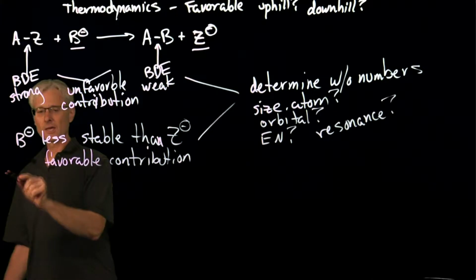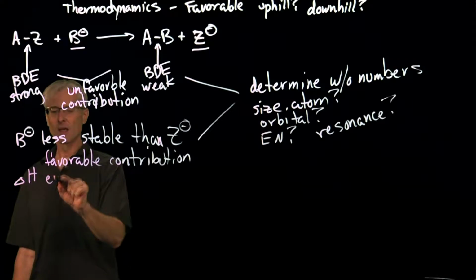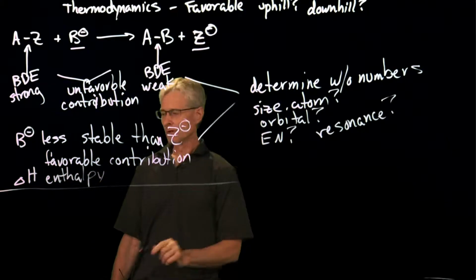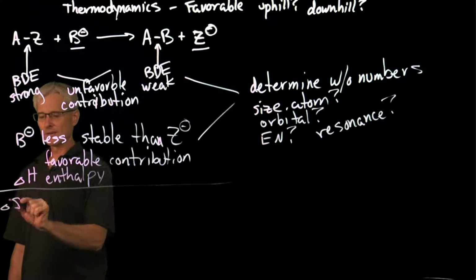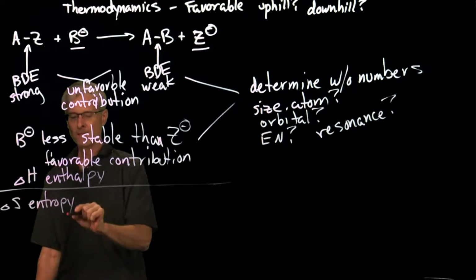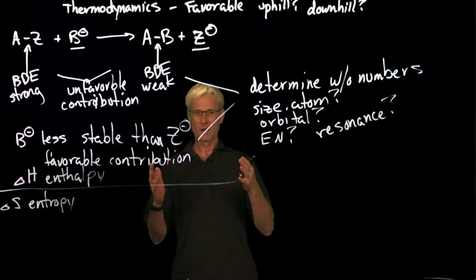And so these might make contributions to delta H, enthalpy. Don't forget, there's also this thing, delta S, which is entropy. And we'll make very qualitative arguments also about entropy.